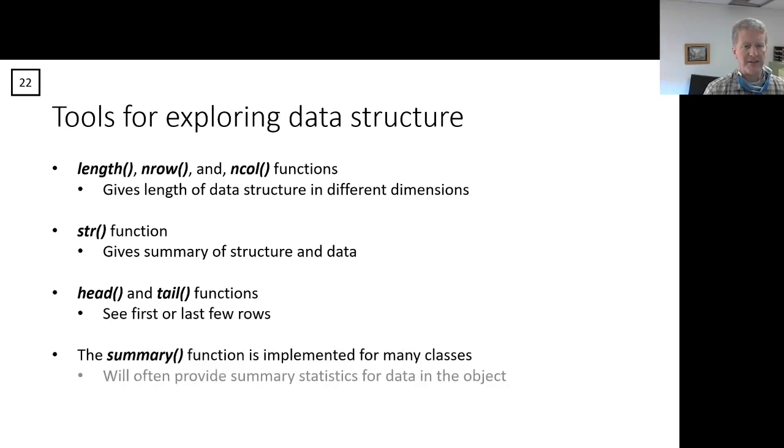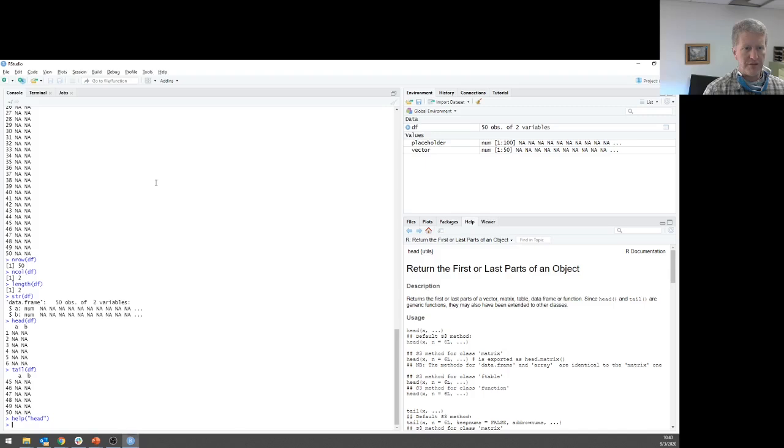There's a summary function. And this is also another one that will do something different depending on the data type that you call it on. But if you do a summary on something like a data frame, let me create one with some meaningful numbers here.